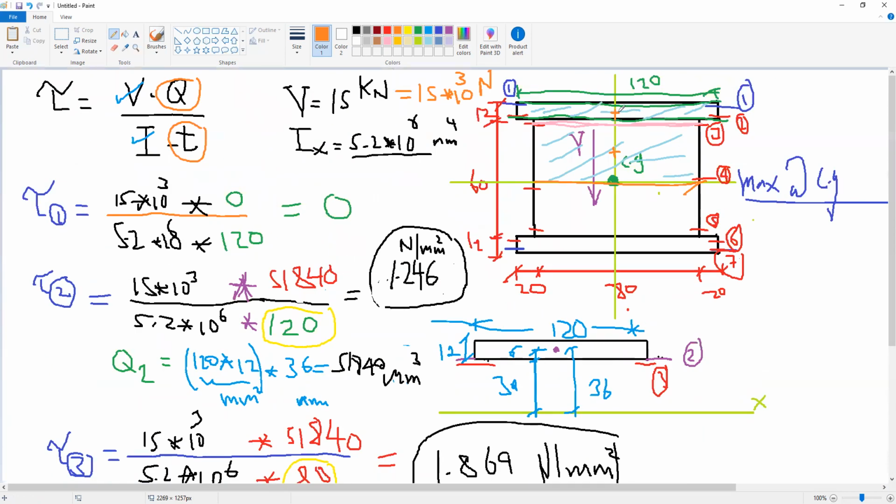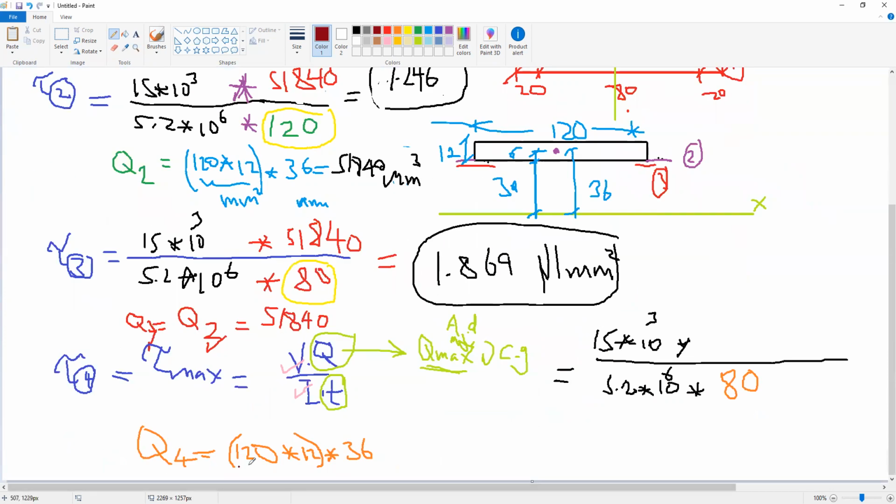From the centroid to here, it is 36. And from the centroid here to here, how much? This one is 30, so this one will be 15. Then we have the second area, which is 80 times 15. This is the area times the distance.